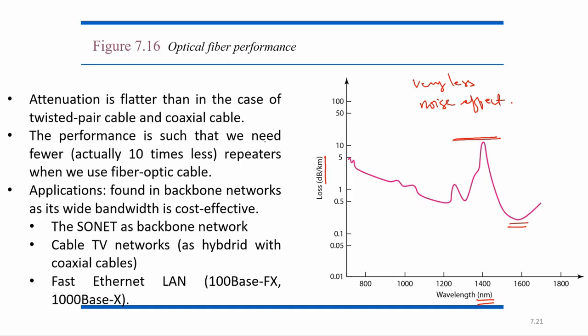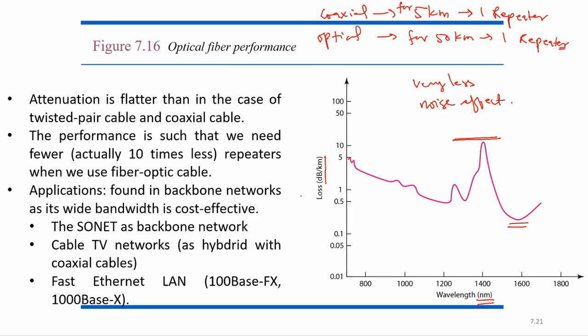The performance is such that we need 10 times fewer repeaters when we use optical fibers. In the coaxial type, we were using repeaters, but here, suppose in coaxial cable we use one repeater per 5 kilometers, then in the case of optical fiber one repeater will be used for 50 kilometers.